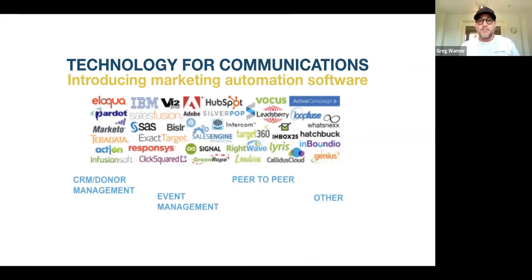So automation is also built in many cases into your donor CRM, your event management tools, your peer-to-peer tools, and other things. So if you operate them, or somebody on your staff operates all that kind of software, you're probably seeing automation tools in all of that software, which is cool.